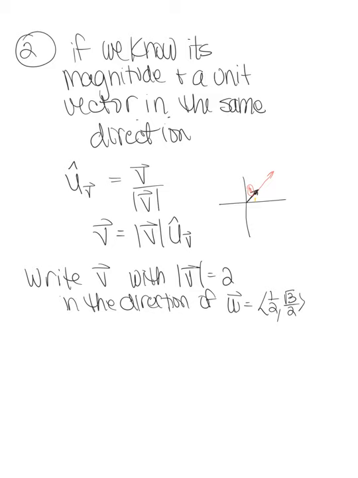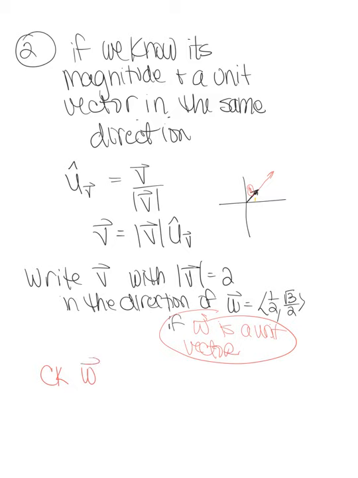Now, if w is a unit vector, and it's in the direction that we want, then all we have to do is multiply that by the magnitude we want. So before we get started, we need to check to see if w is a unit vector.